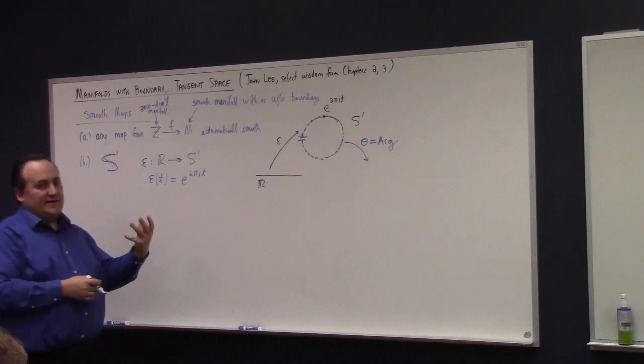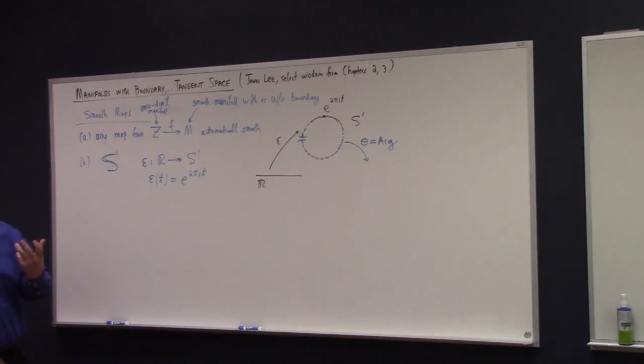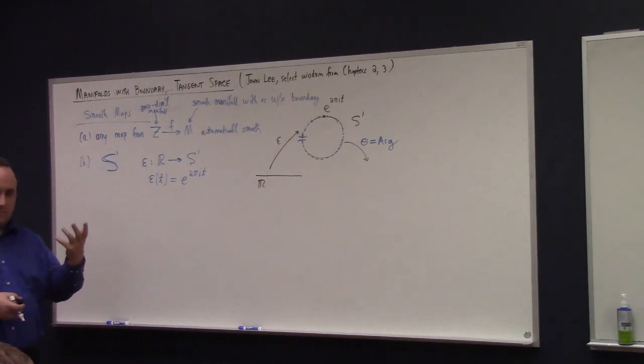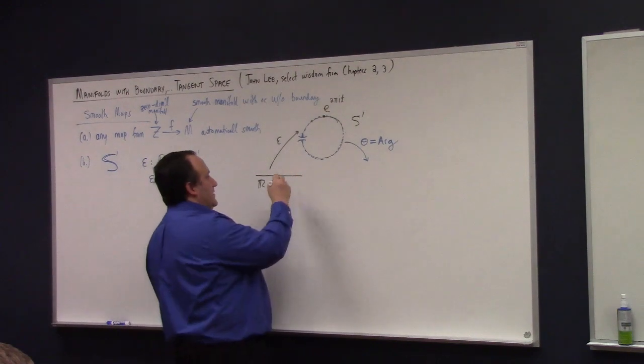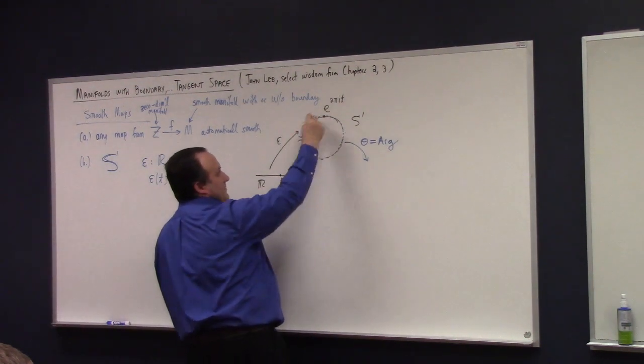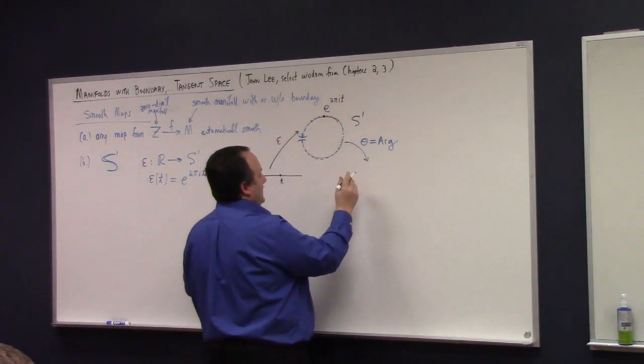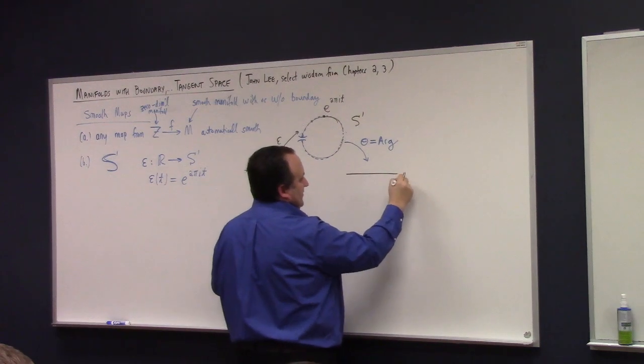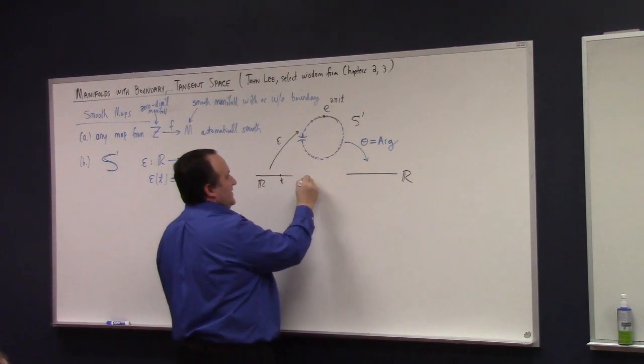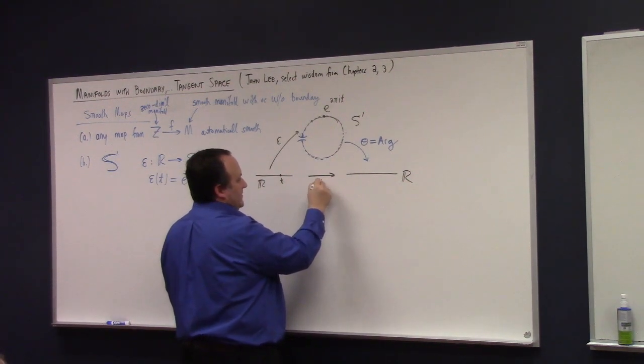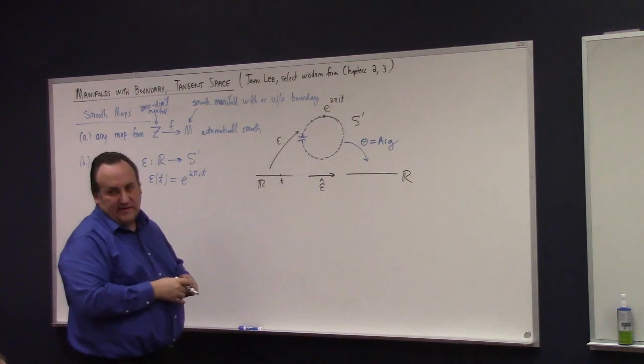So what does the theta do? The coordinate chart theta on the circle just picks off the standard angle. If this is t and we're mapping it up to here, then down here is the other copy of R, and I think he calls this thing epsilon hat, for the local coordinate representative of it.